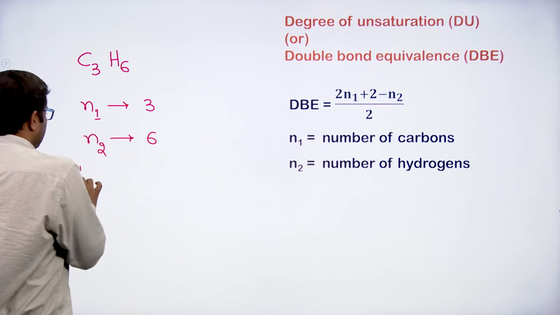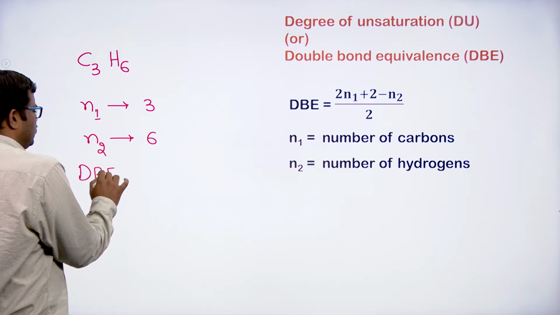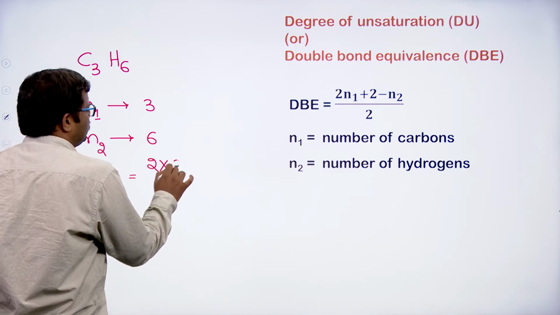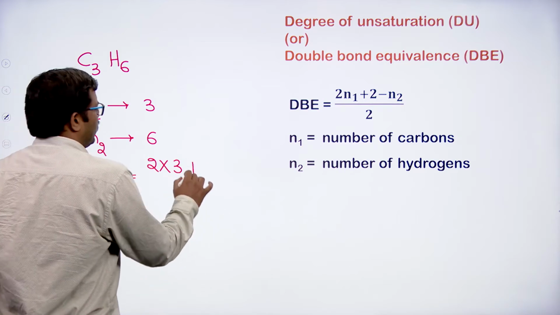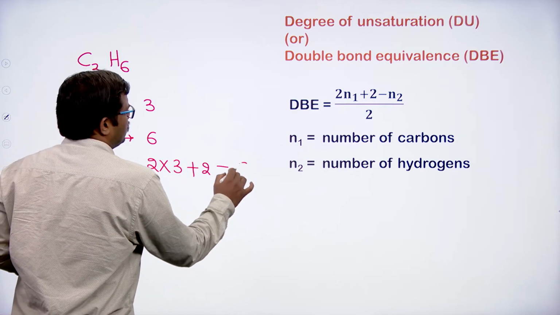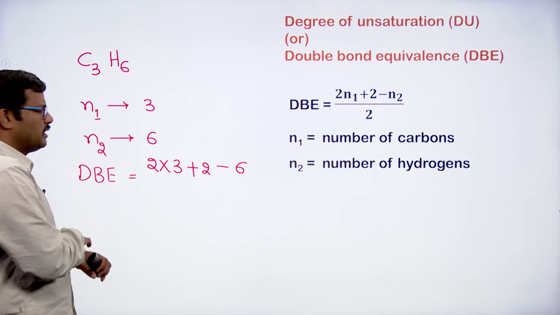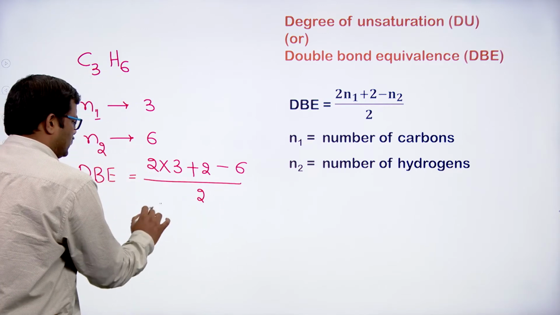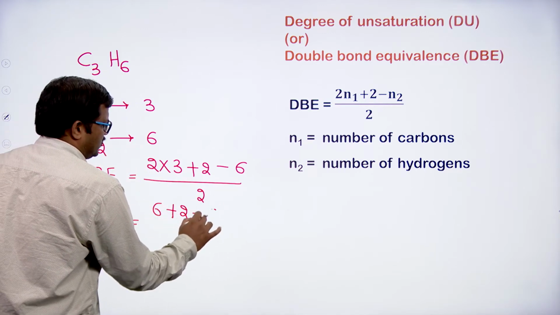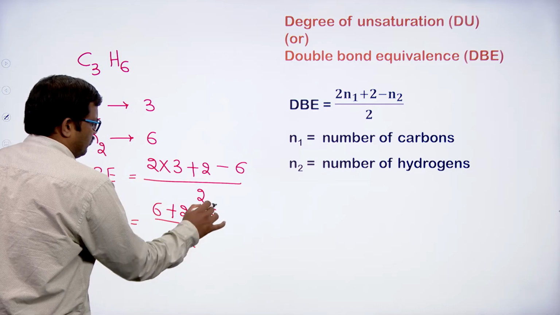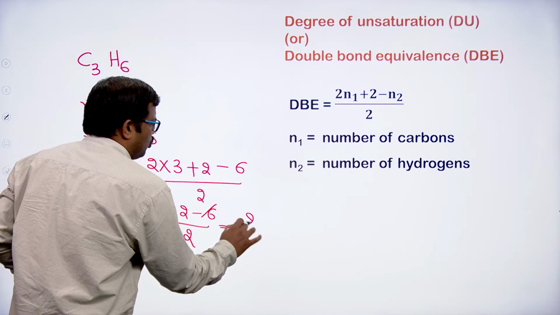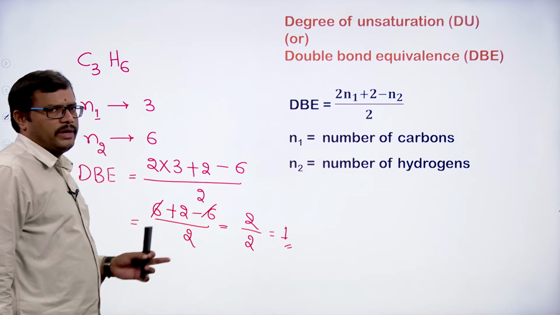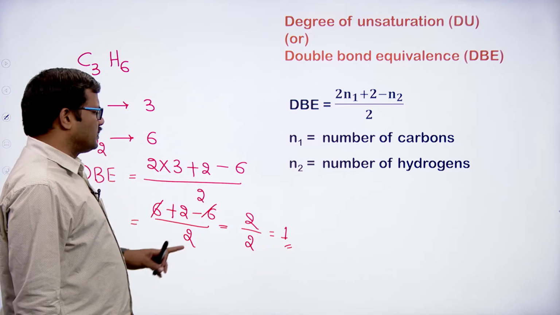Applying the formula, the double bond equivalence will be equal to (2 times 3 plus 2 minus 6) divided by 2. We know that 2 times 3 is 6, plus 2 is 8, minus 6, we get 2 by 2, which is nothing but 1. So the double bond equivalent in this case is 1.